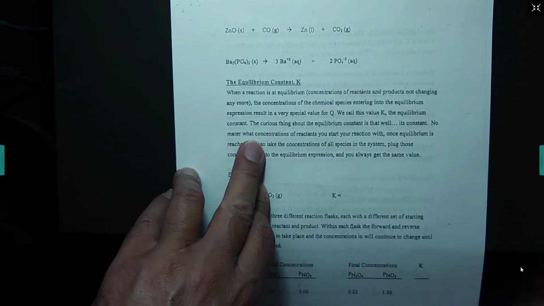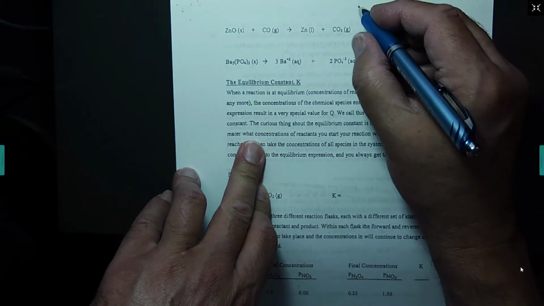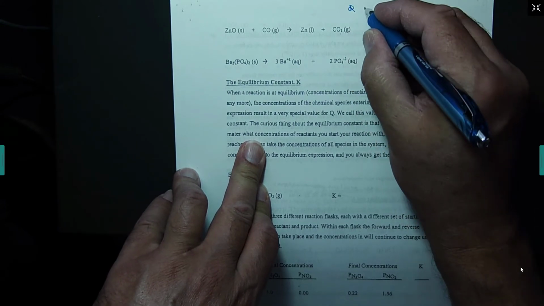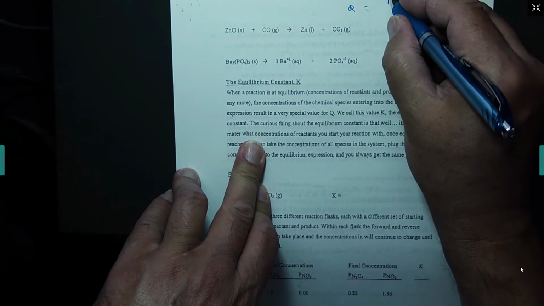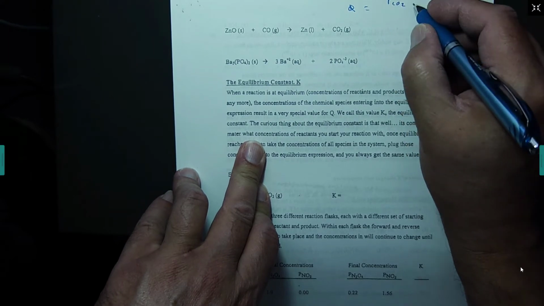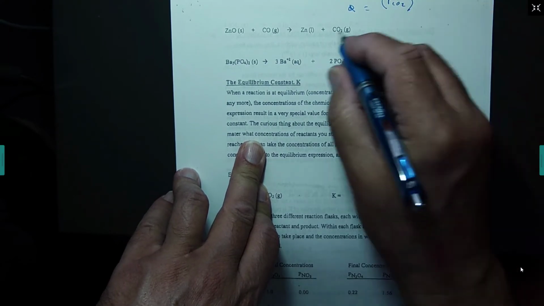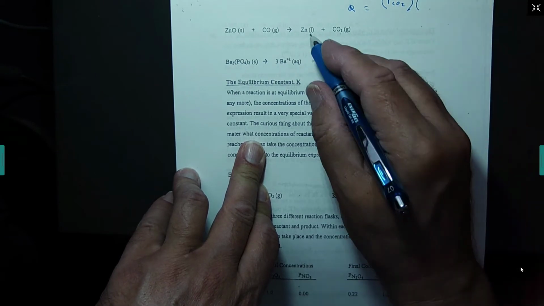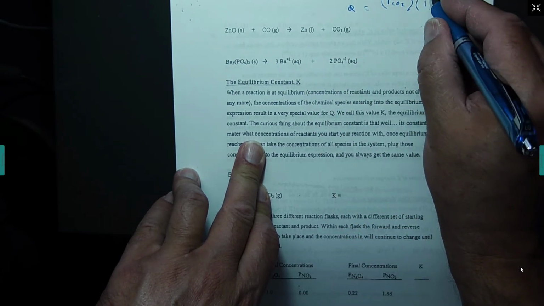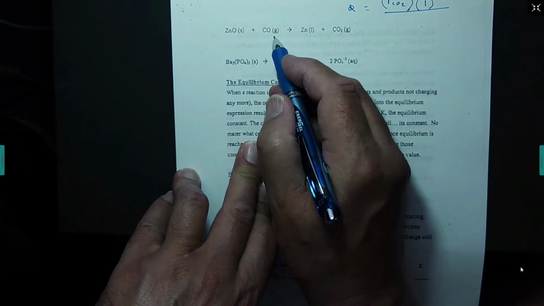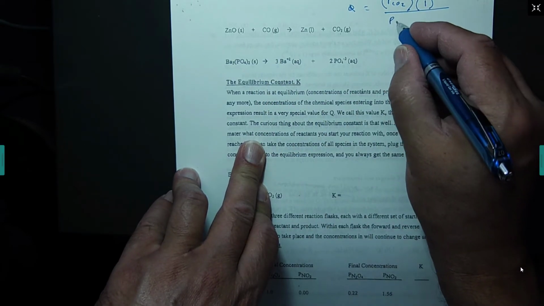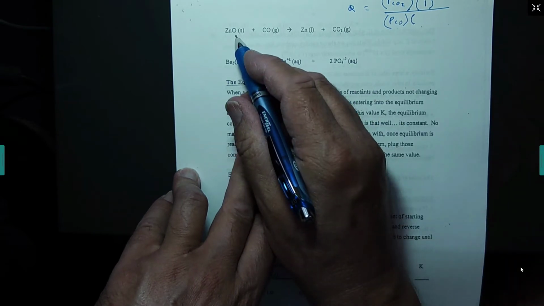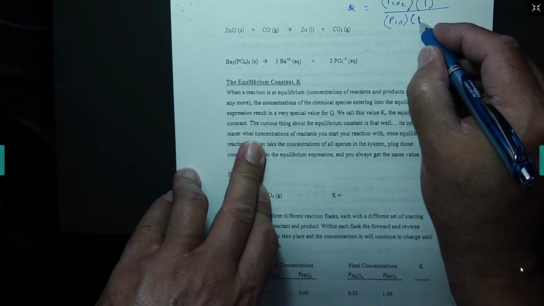So if you thought of it that way, you'd say, okay, for this one it's going to be the partial pressure of your CO2, times whatever concentration you want to use for the zinc liquid. But we said, hey, anything that's a liquid, pretend it's a 1. Times the partial pressure of your CO, times, what are we using for the concentration of a solid? 1.